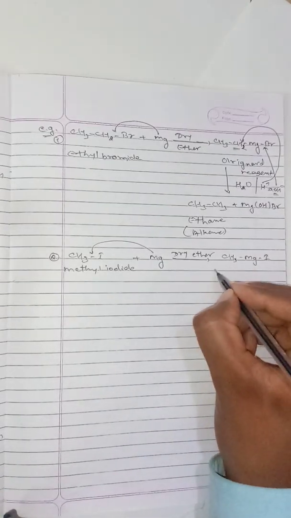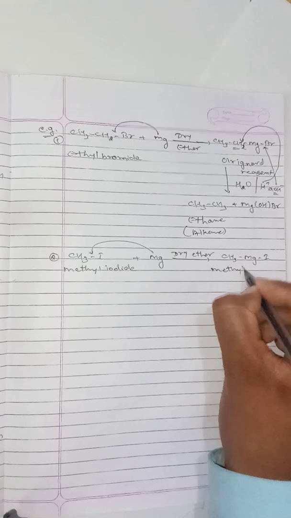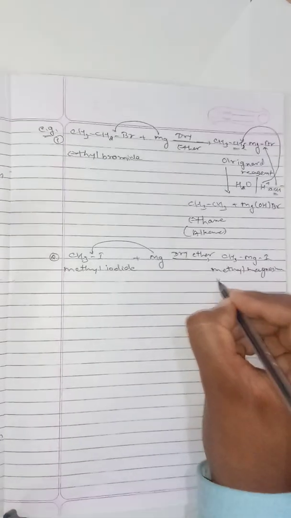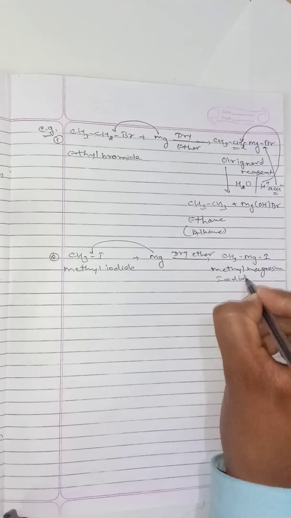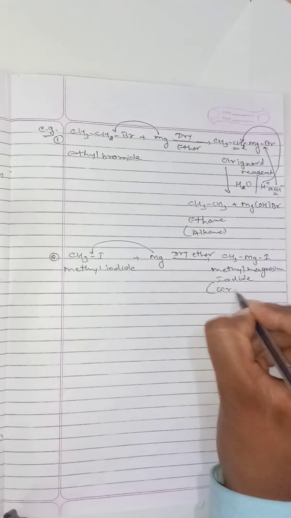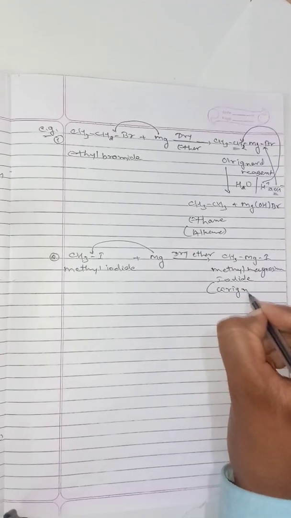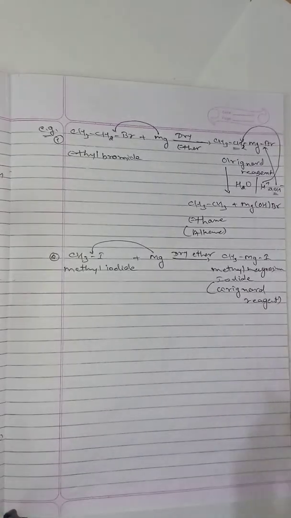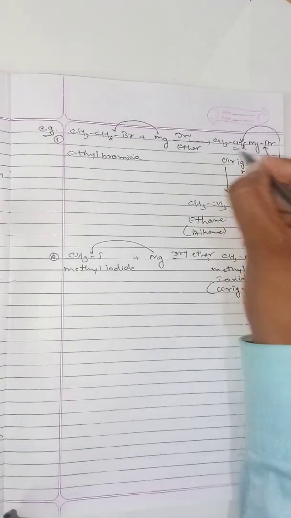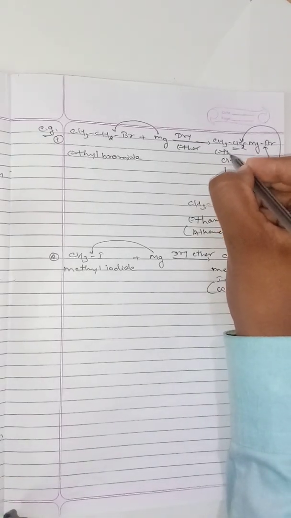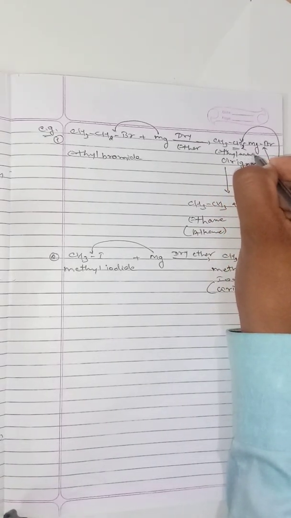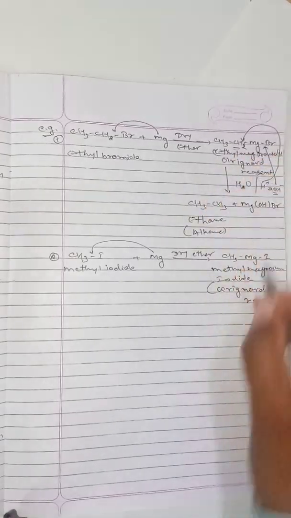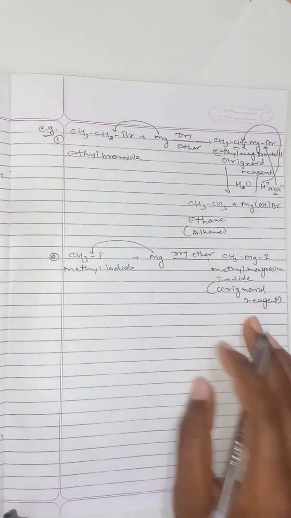This is called methyl magnesium iodide, or this is our Grignard reagent. Okay, or you can write directly Grignard reagent.